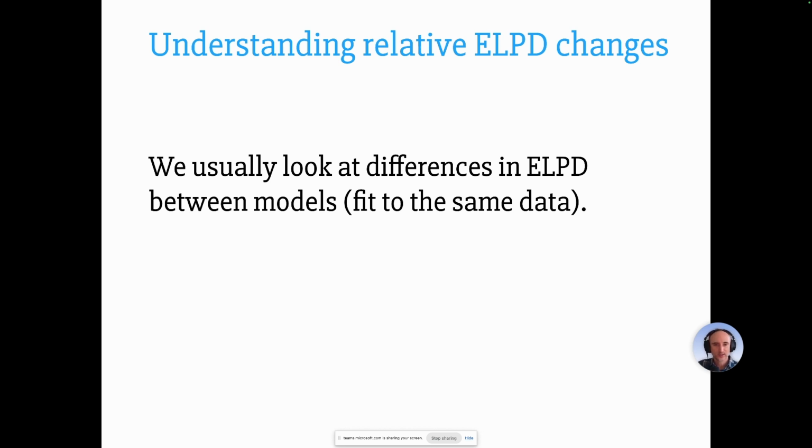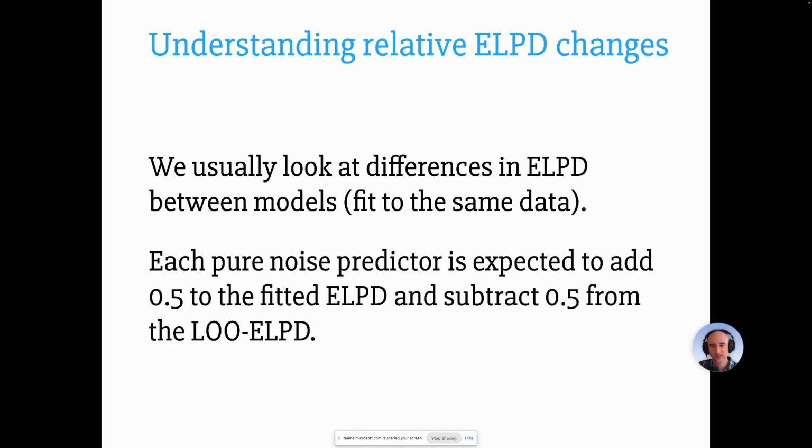So we're usually looking at relative changes in expected log predictive density between models that are fit to the same data. On its own, it's not a meaningful number at all, really. And this is a key thing to know here: each pure noise predictor is expected to add 0.5 to the fitted ELPD.